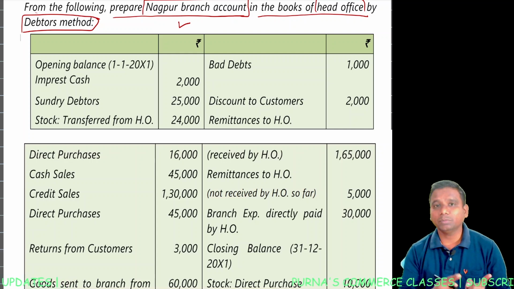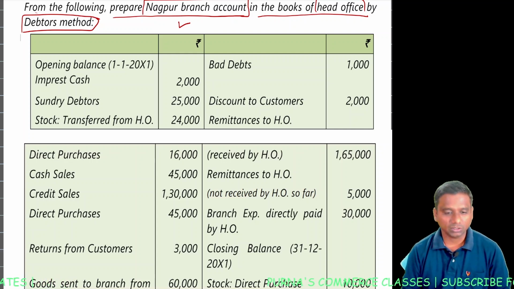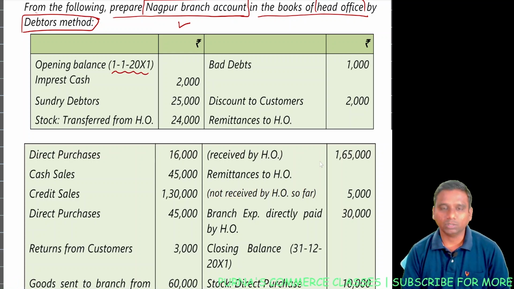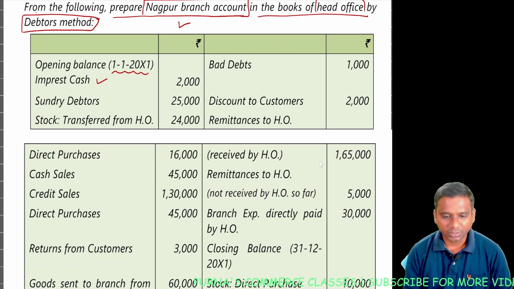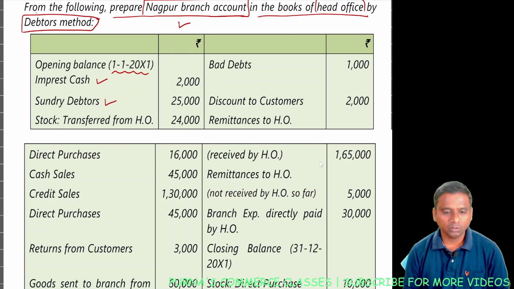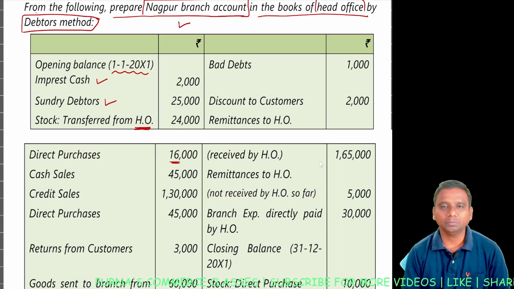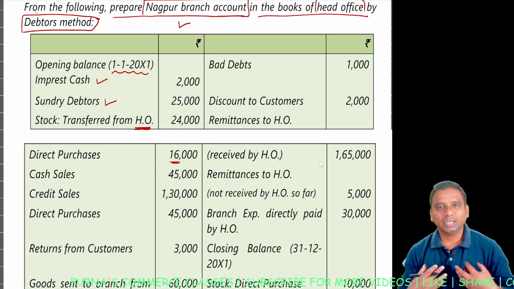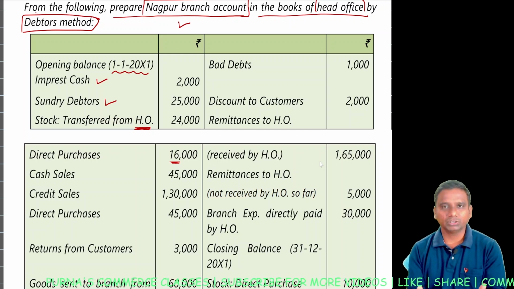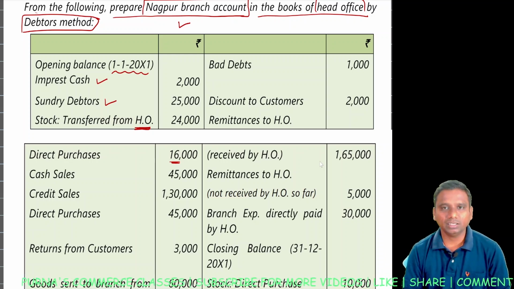Identify the opening balances of assets as well as liabilities. Look at the opening balances on 1/1/2021. What do we have? Imprest cash, debtors, and next, stock transferred from head office and direct purchases. Head office is sending stock to the branch, and at the same time the branch is directly purchasing.